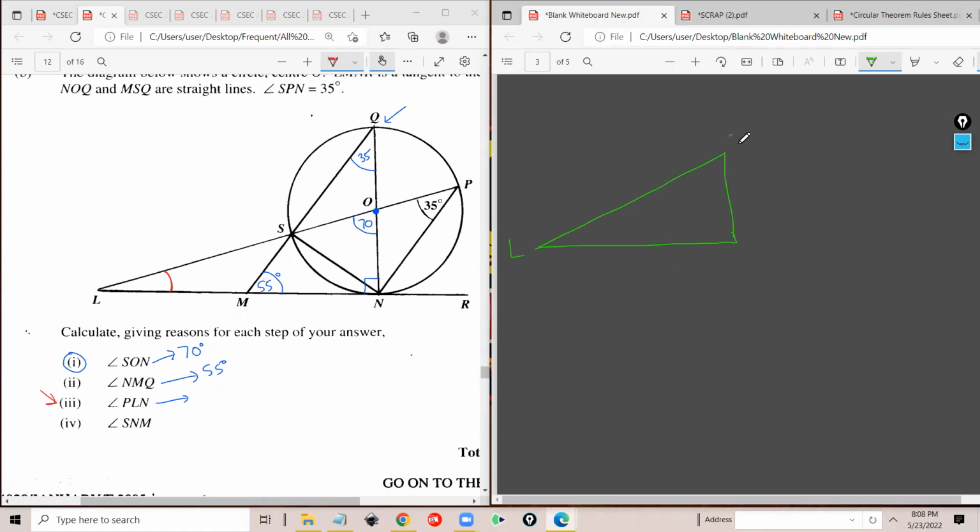L to O, where O is the center of the circle, back to N. Remember, here's 90 degrees. That is this one here. And we know here's 70. And the examiner for part 3 is asking us for this angle. So it was just a matter of adding the 70 and the 90 and minusing it from 180, because all the angles in a triangle add up to 180. And we would have gotten how much here? 20 degrees. All right.